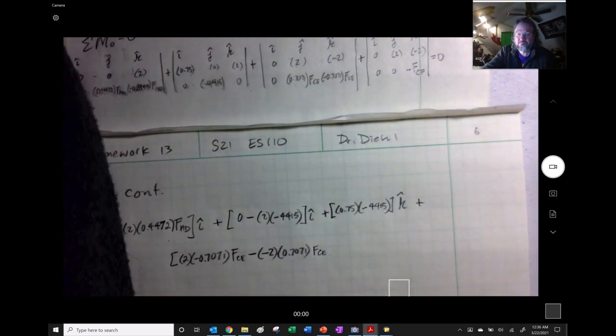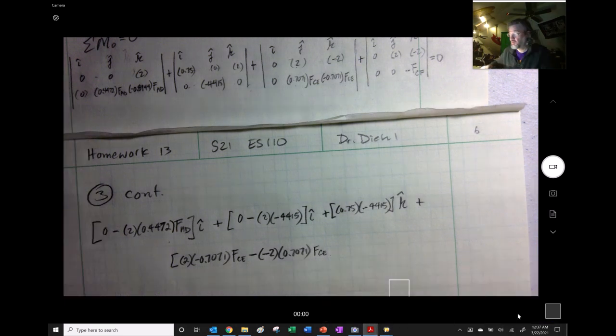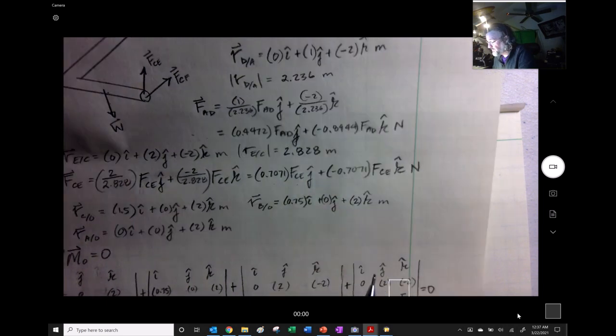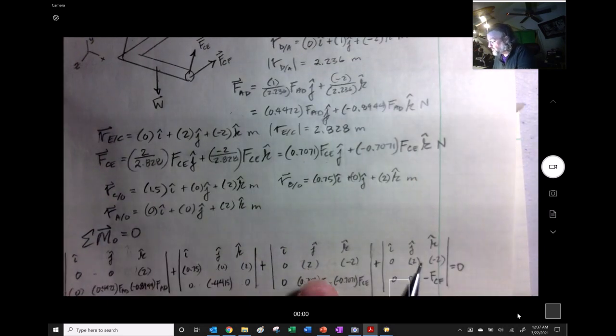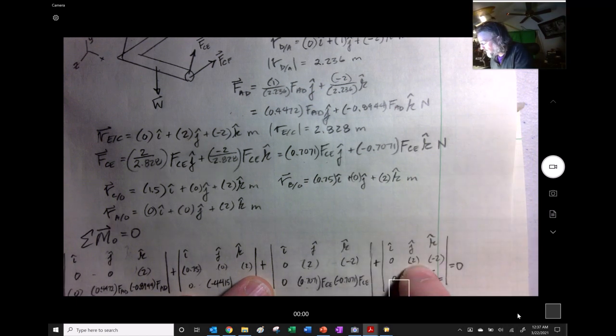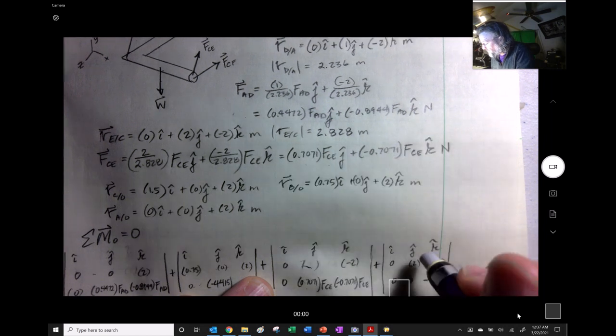Pause the video. Okay, so first I got something wrong here. This was supposed to be for C. So both of these should have been, I don't know where I got that 2 and that negative 2 from.